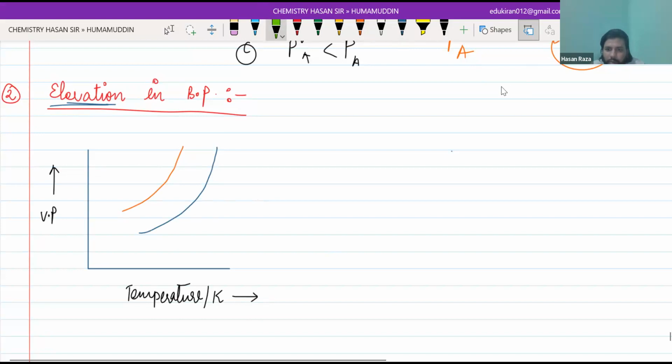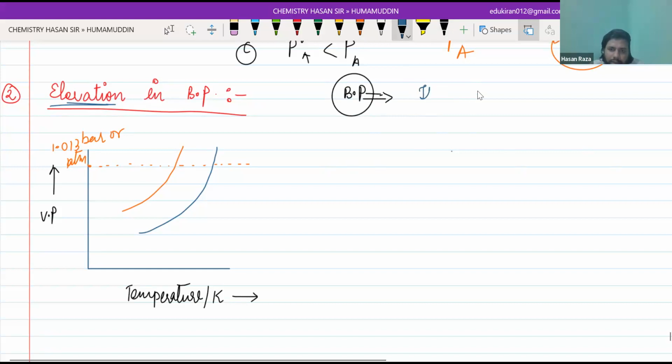Let me do one more thing. Just wait a minute. See, this is the point where I will say this is your 1.013 bar, or you can call it 180. First of all, before explaining this graph, I'm going to explain what boiling point is. So first I'm going to write the definition of BP. BP here stands for boiling point.